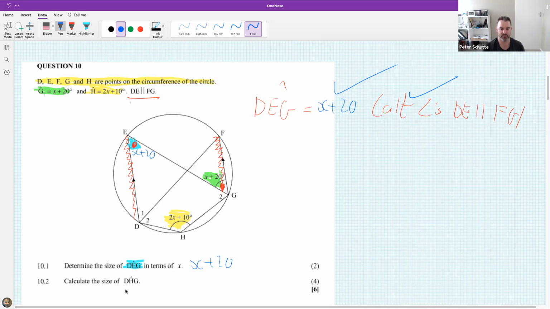The next thing you have to do is calculate the size of DHG. Now, DHG is already there, but we want to know exactly, like, is it 70 or 90 or 120? And what are we going to need to do to figure out that?